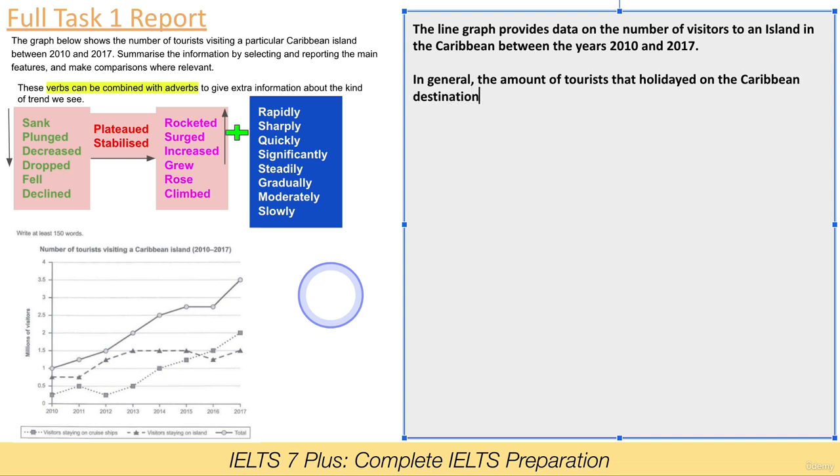We'll try and use different words as much as possible. As long as we're not repeating ourselves too much, then that's the main thing. The amount of tourists that holidayed at the Caribbean destination increased during the 7 years.